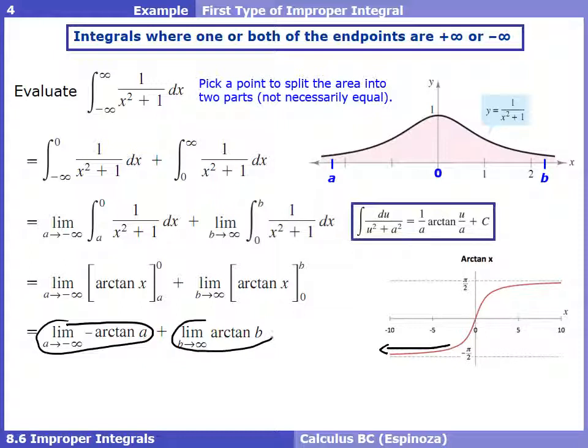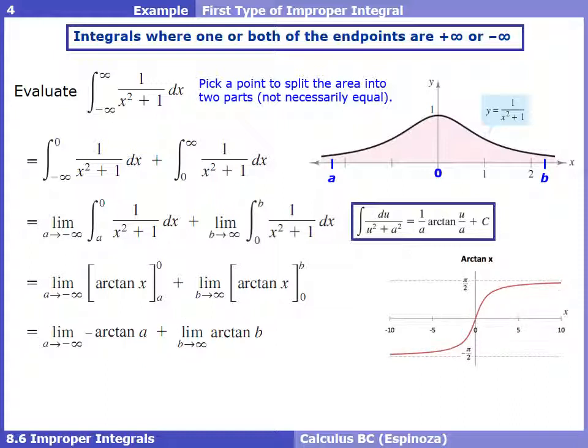For the second integral here, we need to figure out what's happening as arctan approaches positive infinity. Well, as our graph approaches positive infinity, you can see again it's approaching the upper horizontal asymptote, which is positive pi over 2.